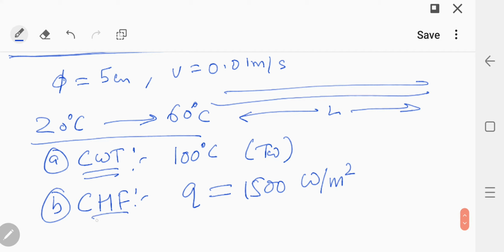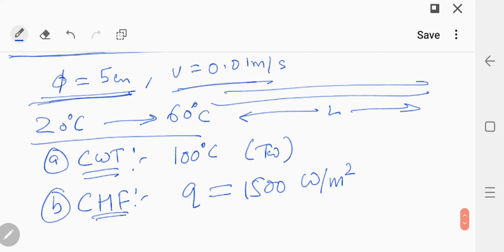Clear? So we have two boundary conditions. We need to determine the length of the pipe under both these conditions so that the temperature of the water increases from 20 to 60 degree, and the pipe dimension and the velocity of the fluid are given.